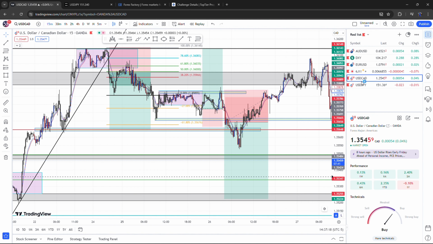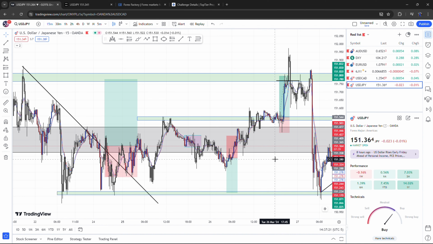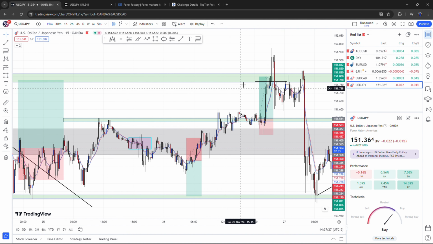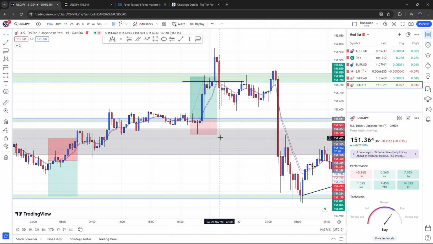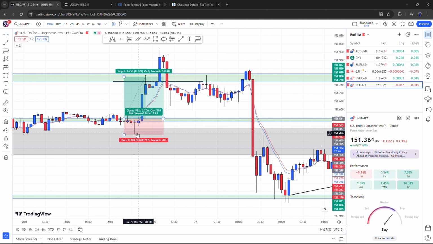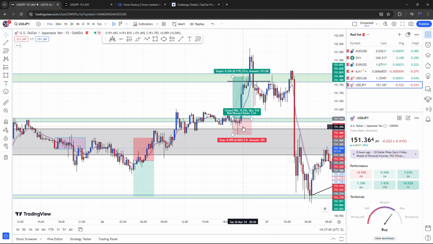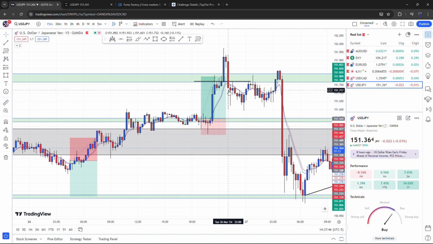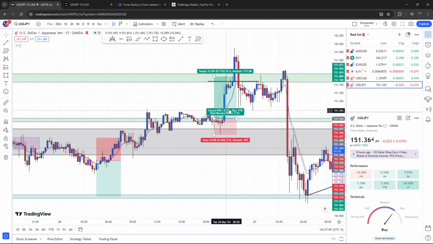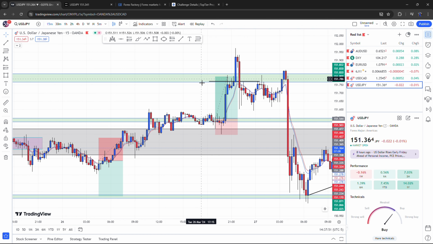Now moving on to Wednesday, I took a trade on UJ, and as you can see here, I followed the trend and it blasted all the way to my take profit after almost stopping me out. I don't know how my stop loss was this precise to what price was going to do, and I was just happy that I didn't get stopped out, because if I had, I really would have lost all my confidence, I'm not going to lie.